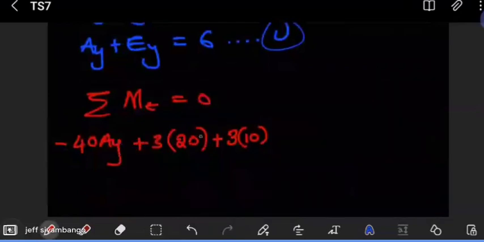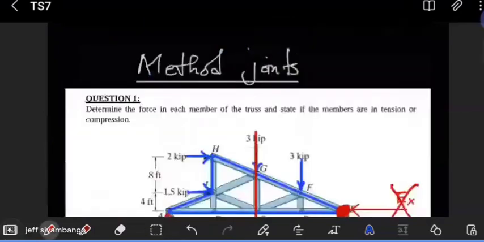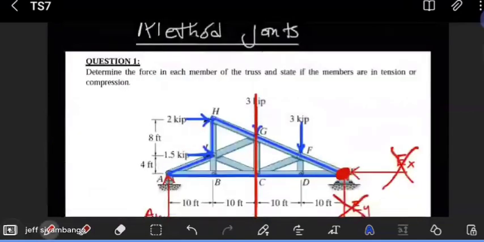We then move on to look at the horizontal ones. For the horizontal one, we start at the 1.5 acting at I. The distance from point E to that line of action will have to be a vertical distance. In this case, that distance is given as 4 feet.